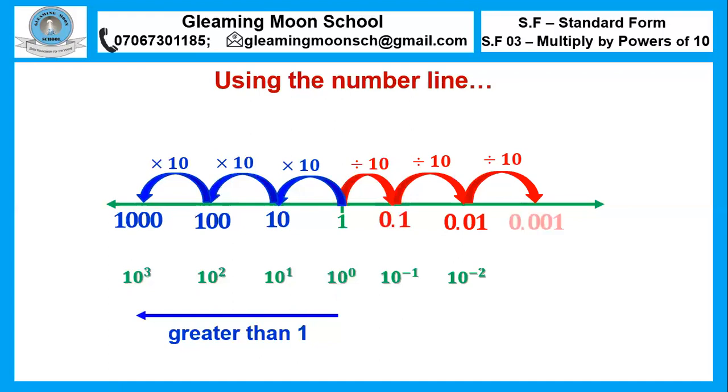And that's going to give us 0.001, which is 10 raised to the negative power of 3. So again, as you can see here, moving from the unit place, going towards the left, the number gets greater than 1. Going from the unit, moving to the right, the number gets less than 1.